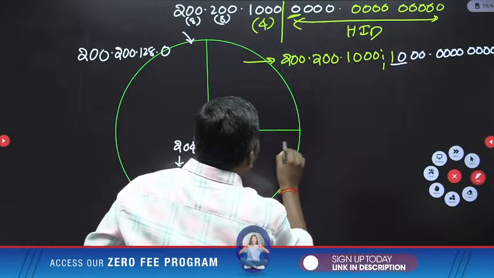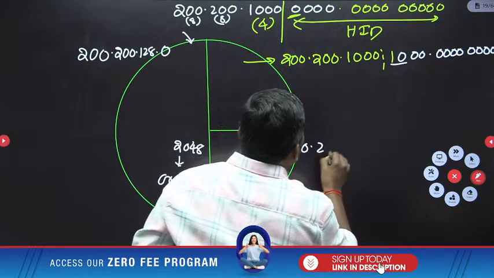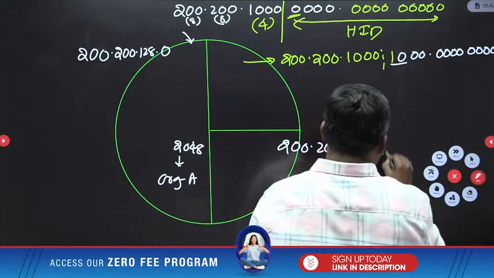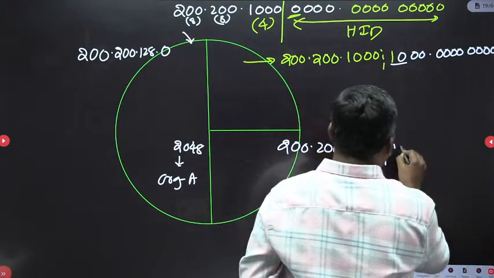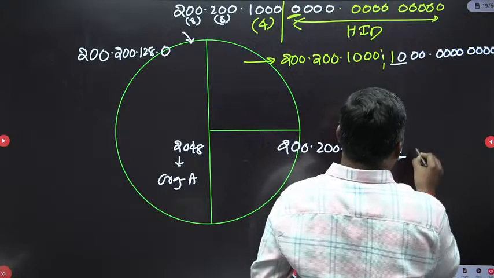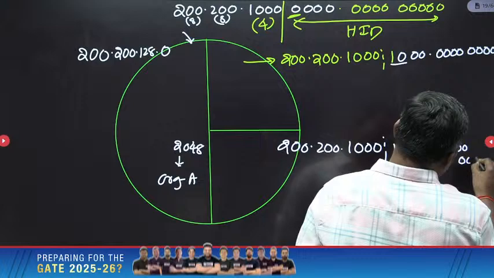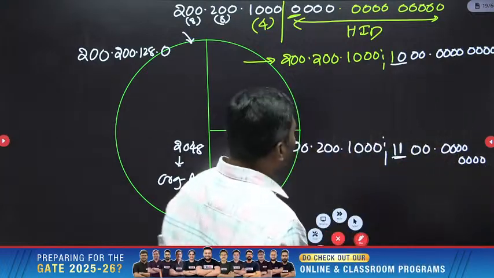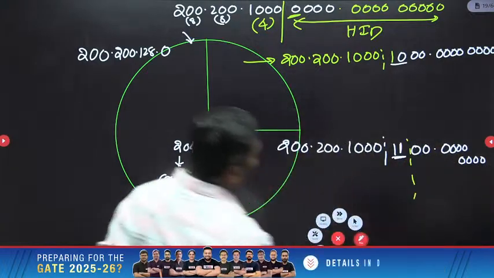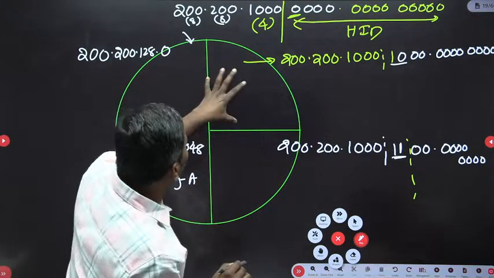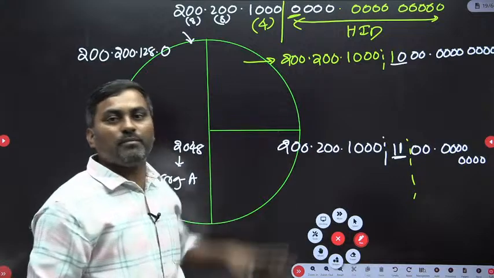Other possibilities: 200.100.1000, the 4 bits, and this bit is 11, correct? 11, then the remaining 00.0000000, this first part only. So these are the subnet IDs only. Either I can give organization B this area or this one, one of them can be given now.